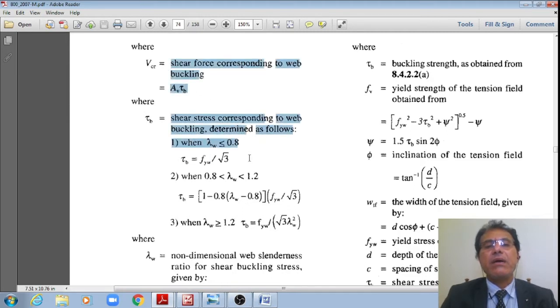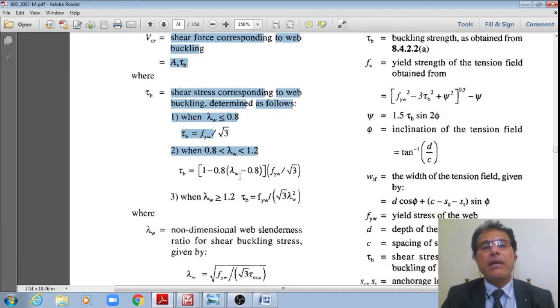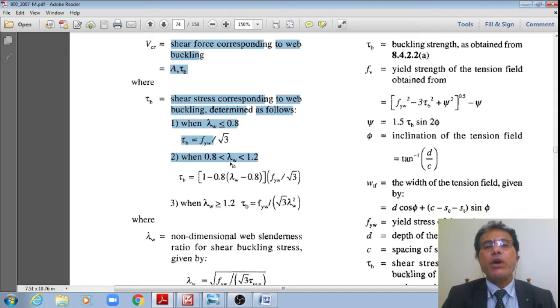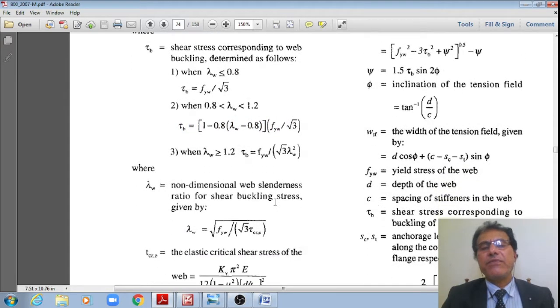Different formulae are given: when lambda W is less than or equal to 0.8, tau B is equal to Fyw divided by root 3, and if it is greater than 0.8 and less than 1.2, then tau B is given by this formula. And if lambda W is greater than 1.2, a third formula is given.